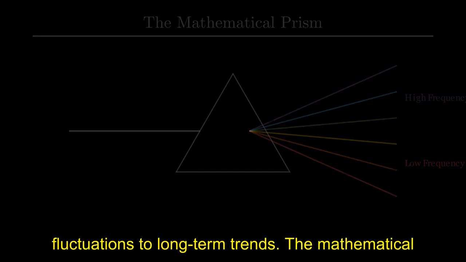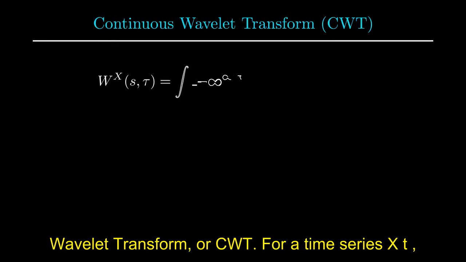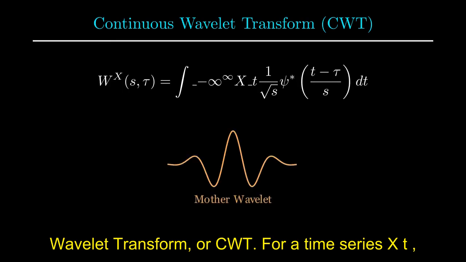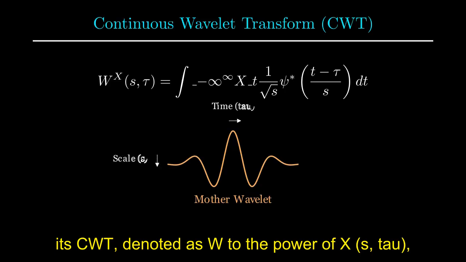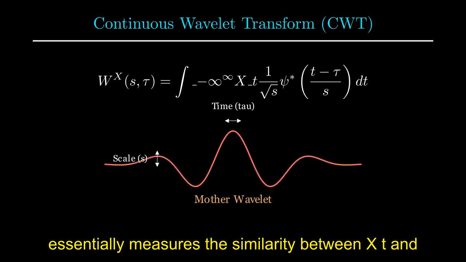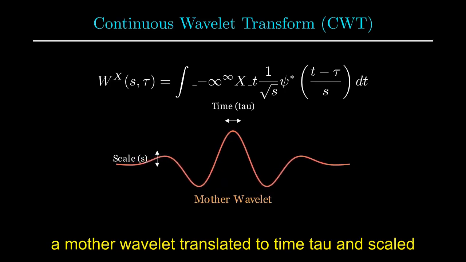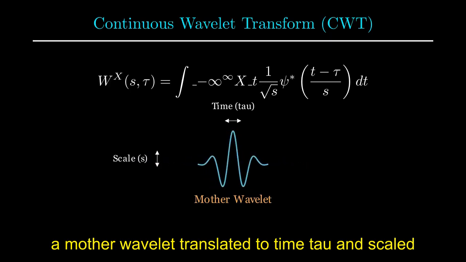The mathematical foundation involves something called the Continuous Wavelet Transform, or CWT. For a time series x(t), its CWT, denoted as W^x(s, τ), essentially measures the similarity between x(t) and a mother wavelet translated to time τ and scaled by s.